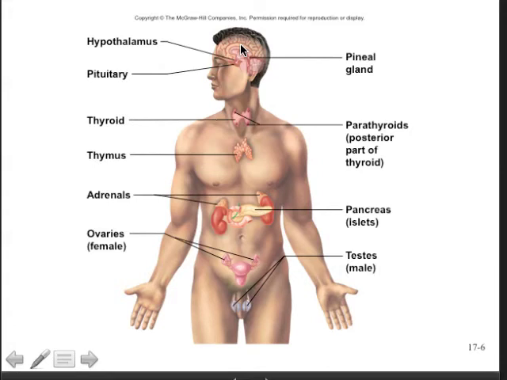These chemicals are secreted into a capillary bed known as the hypothalamo-hypophyseal portal system. These releasing factors are carried very quickly to the anterior lobe, where they influence the production of a wide variety of pituitary hormones. Okay, and there's quite a few of them that we'll touch on.